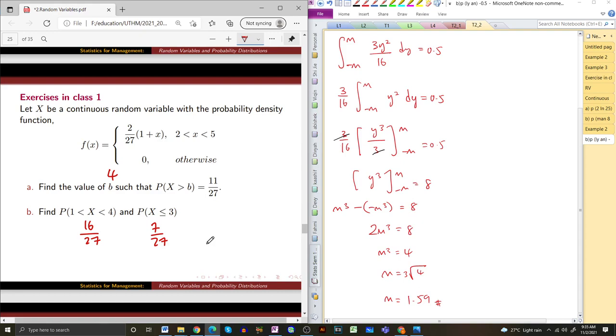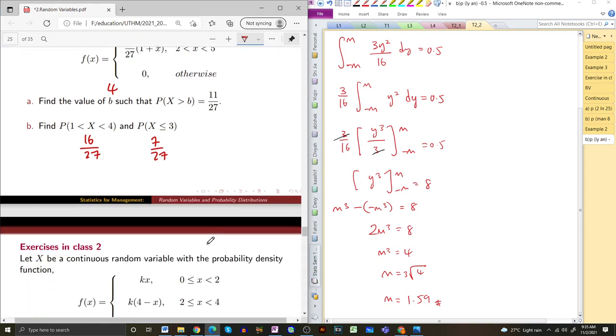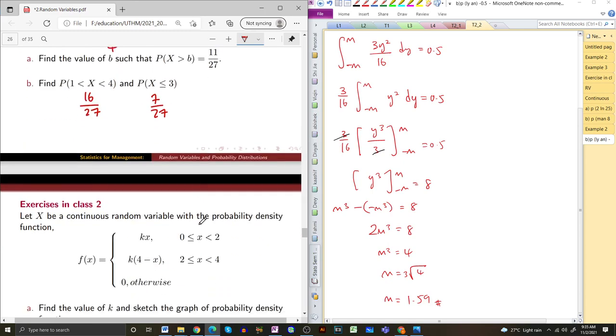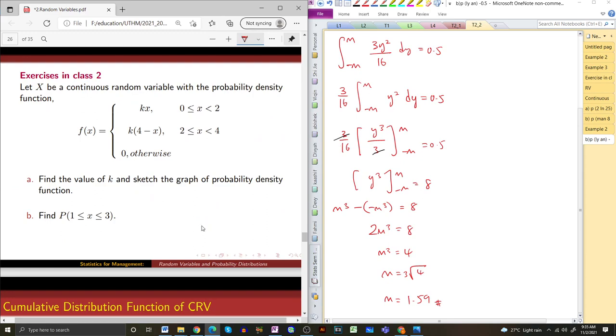And for exercise in class 2, the answer would be 1 over 4. Sketch, no need. And this one is 3 over.